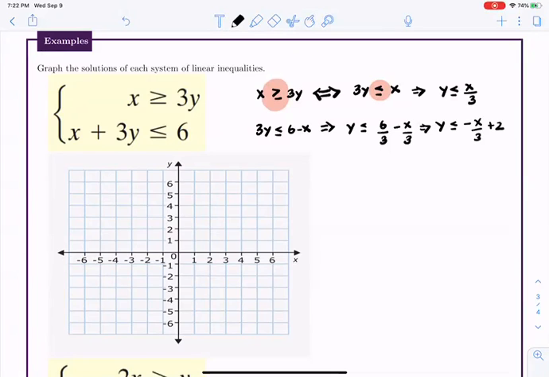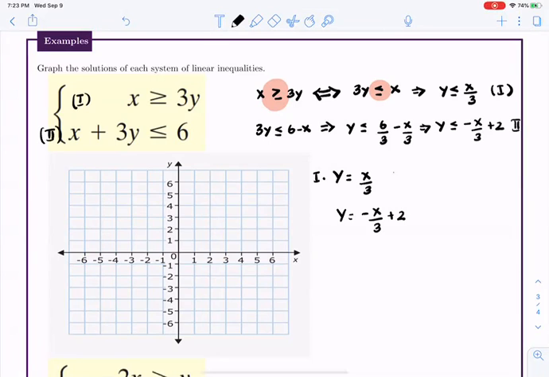The corresponding equations are y equals x over 3 and y equals negative x over 3 plus 2. So that is the equation that corresponds to that inequality, which corresponds to that inequality.